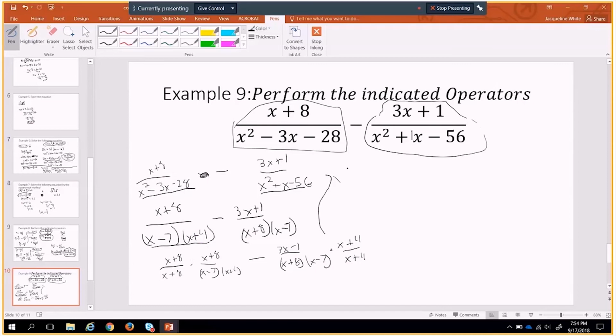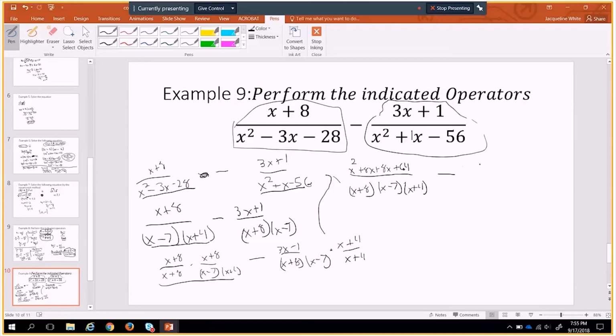So x plus 8 times x plus 8 is x squared plus 8x plus 8x plus 64, all over x plus 8 times x minus 7 times x plus 4. And that's the left side over here.